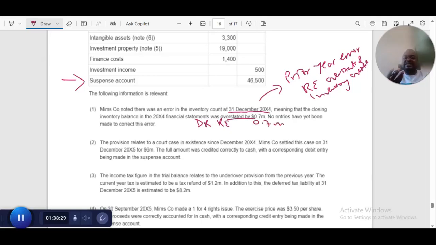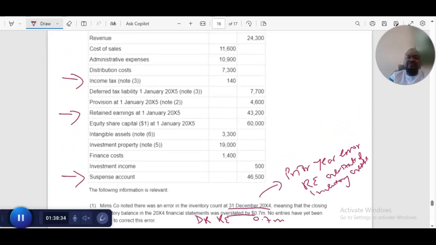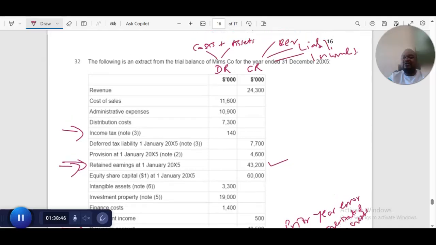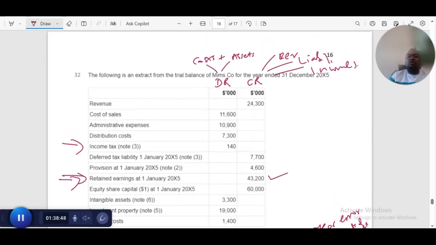Like I said, ladies and gentlemen, retained earnings by nature are credits. They follow the revenues, the liability side, and so forth. So they are by nature credit entries, but we need to debit them so that we reduce them.